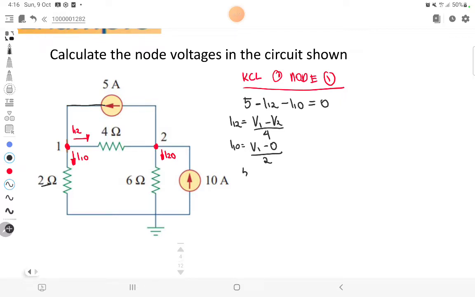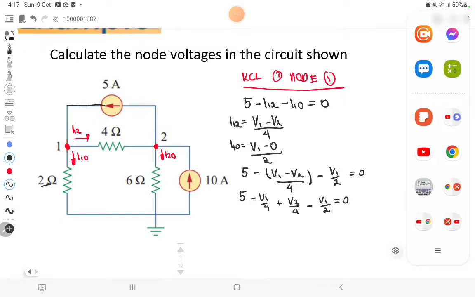So from here I will have 5 minus my I12, which is equal to V1 minus V2 all over 4 minus V1 all over 2 is equal to 0. So from here I have 5 minus V1 over 4 plus V2 all over 4 minus V1 all over 2 equals 0.